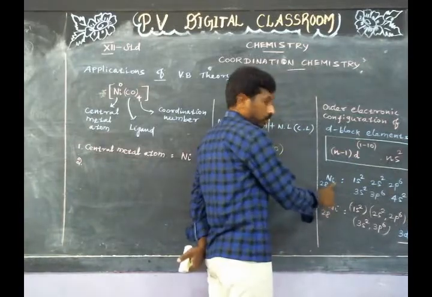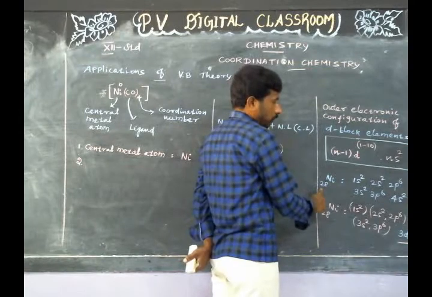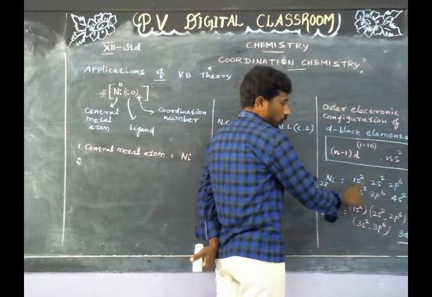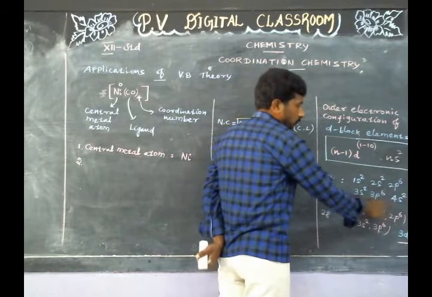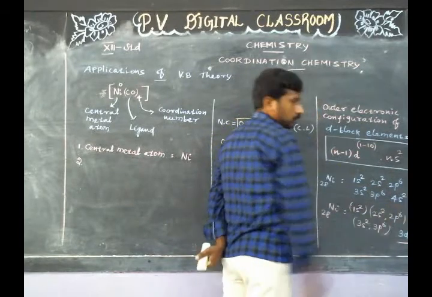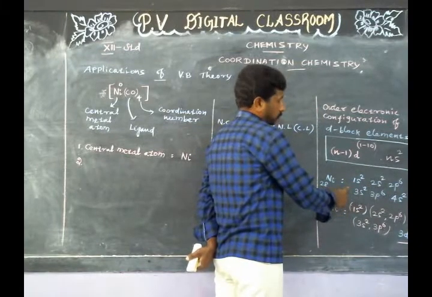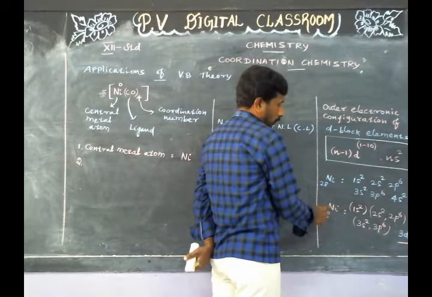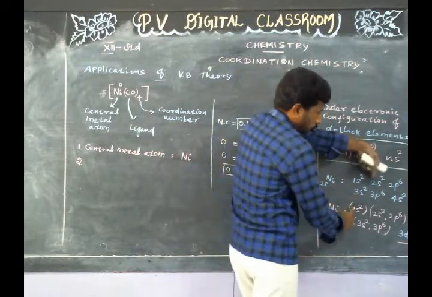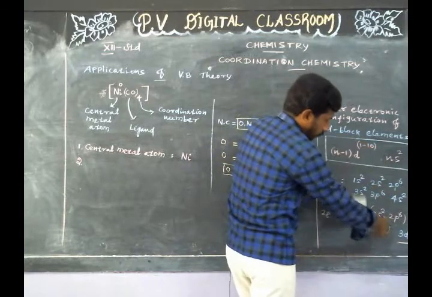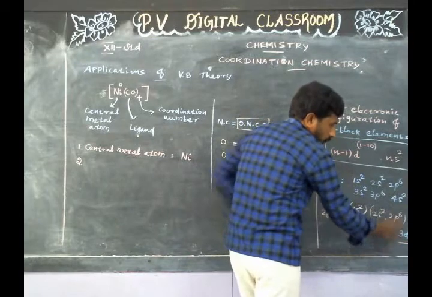Let us consider the nickel atom, whose atomic number is 28. Its electronic configuration is 1s2, 2s2, 2p6, 3s2, 3p6, 4s2, 3d8. We can rearrange this electronic configuration: Ni with atomic number 28, 1s2, 2s2, 2p6, 3s2, 3p6, 3d8, 4s2.